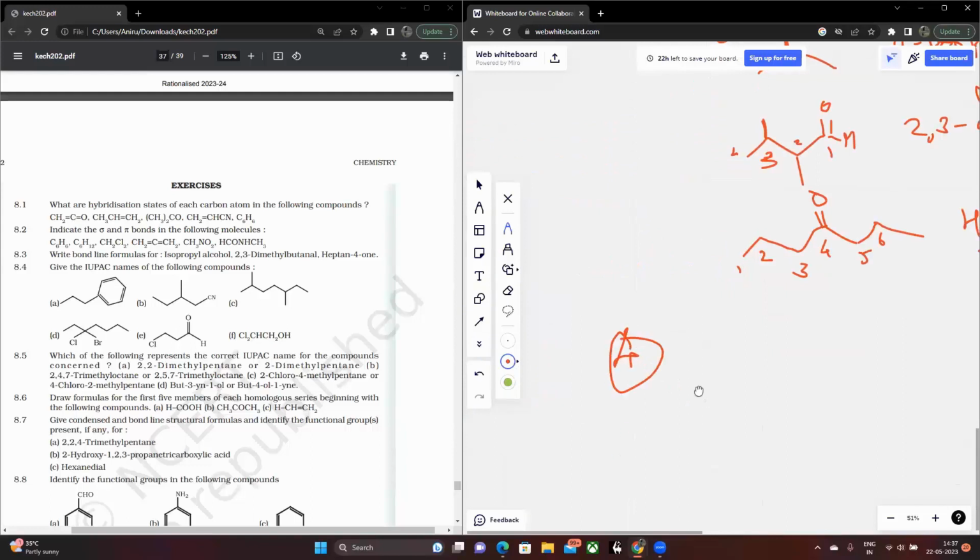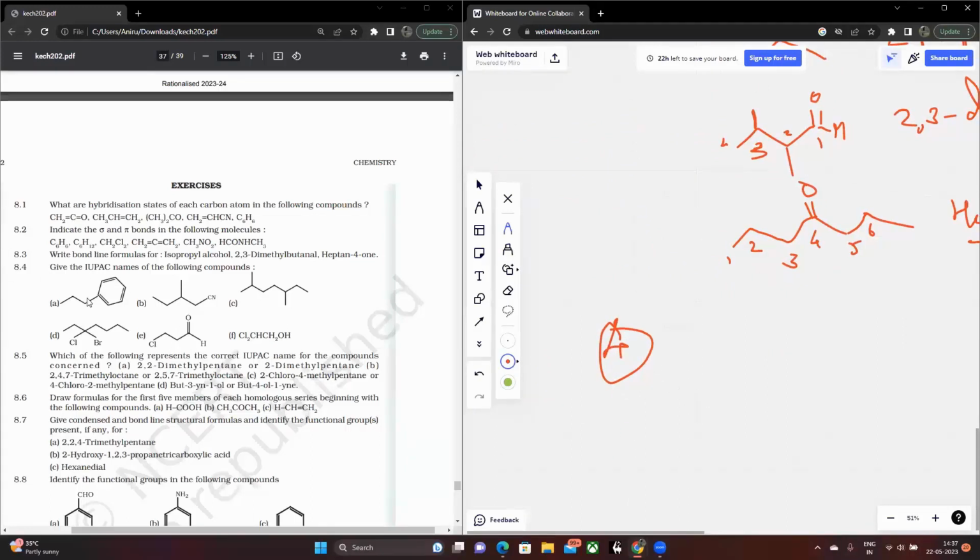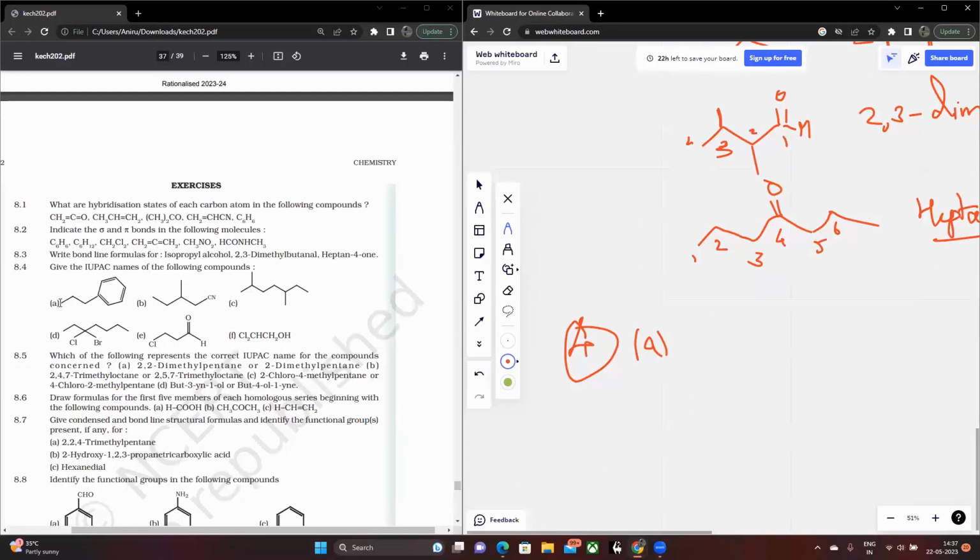Going to the fourth question. You have the IUPAC names for the following. A, you can see that this is a propane chain attached to a benzene ring. So this is basically 1-propylbenzene, or you can say it's propylbenzene, right?